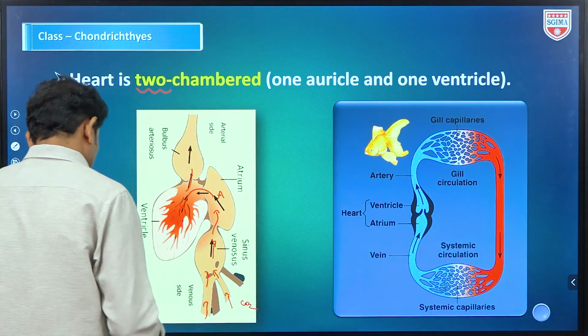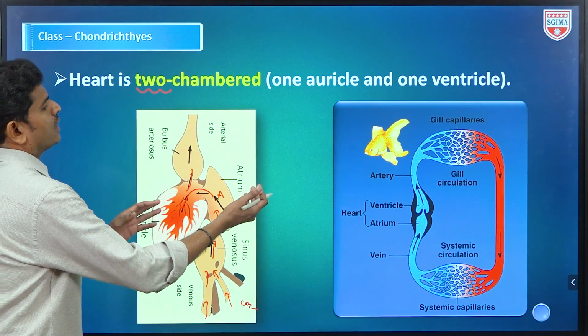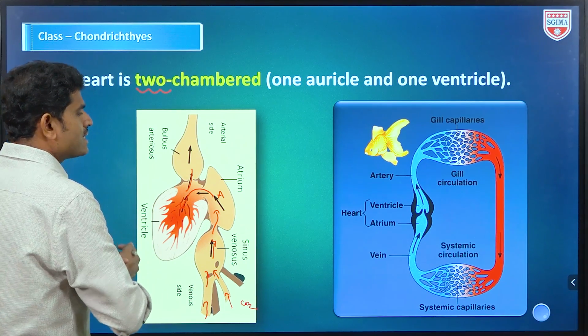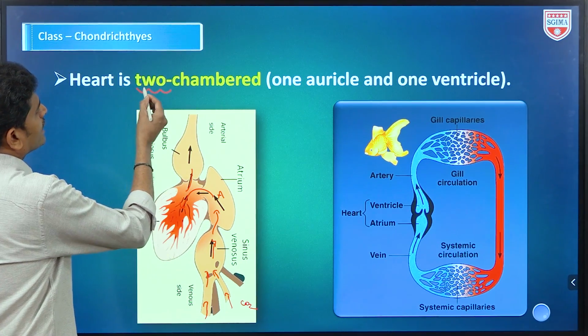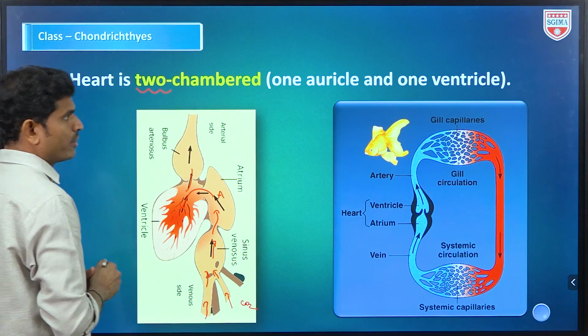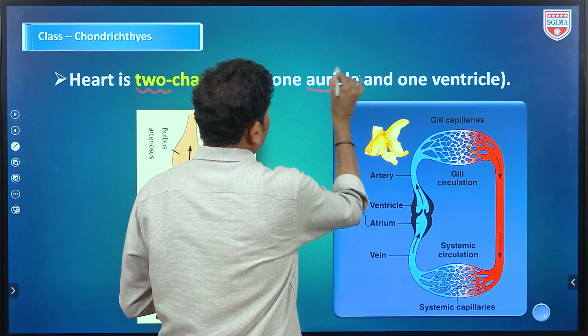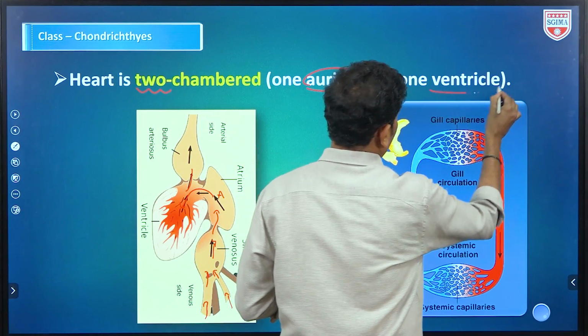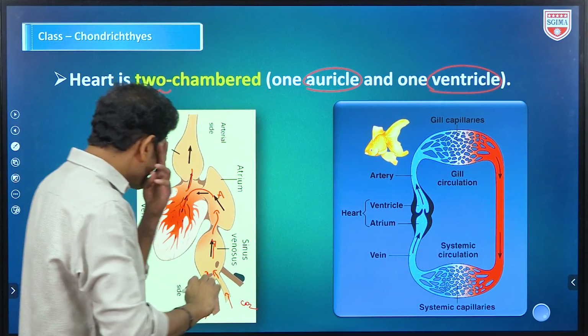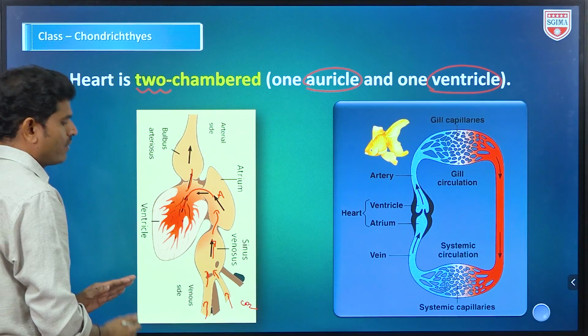Next one. Now in this slide, they have given the heart and circulatory system. The heart is a two-chambered heart. Out of these two chambers, one is the auricle and the other is the ventricle. We can see that in a diagrammatic form.